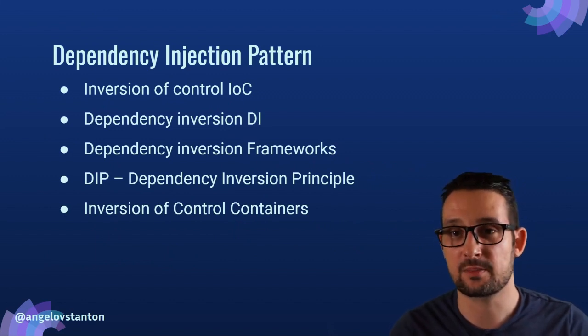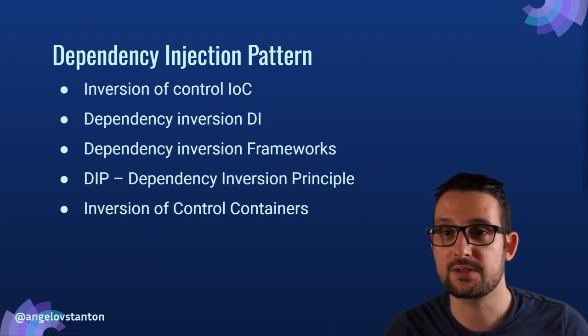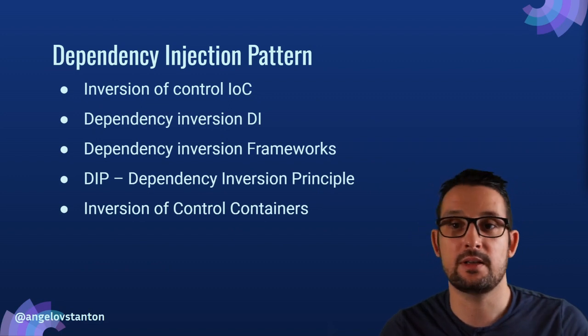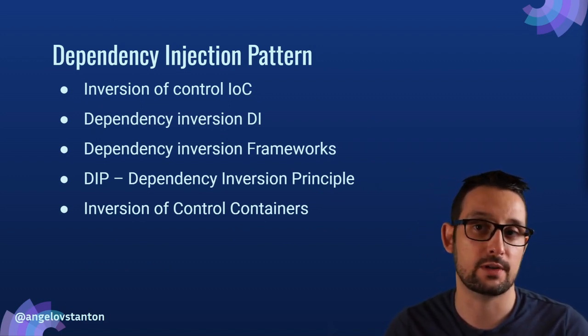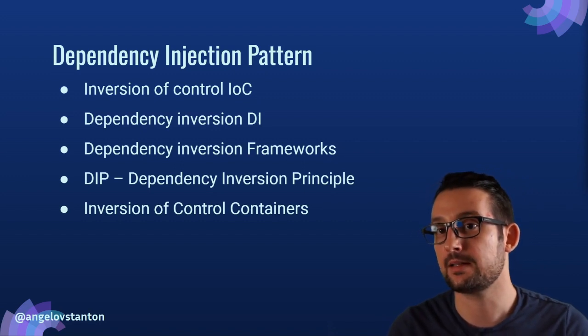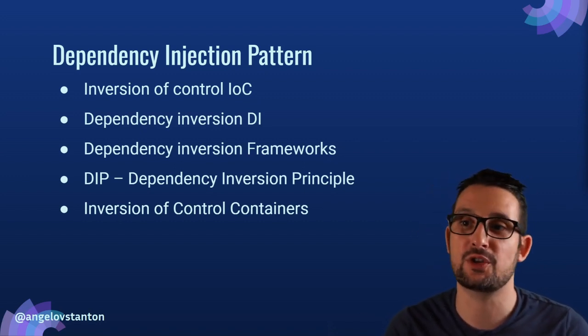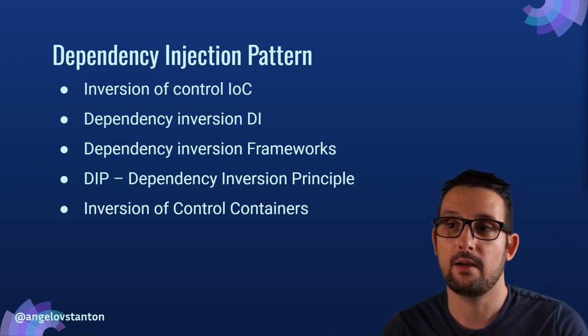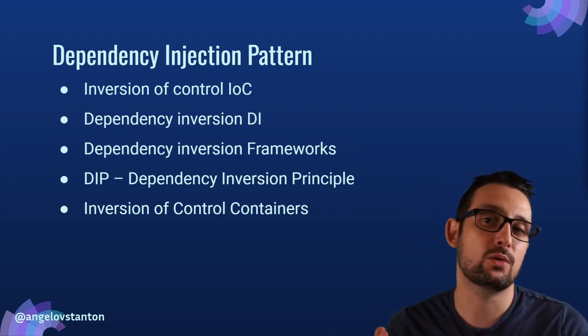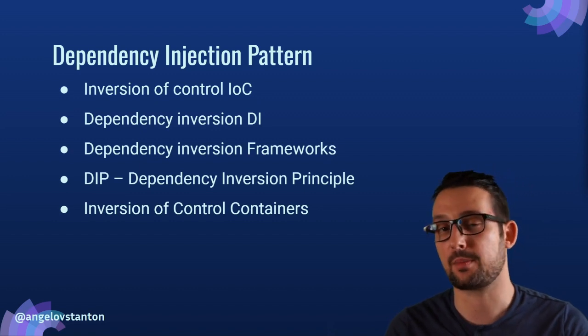Here are some terms that we need to clear first. The first one is a broader principle, inversion of control, or IoC for short. This is a broader principle in software engineering whereby the control flow of a program is inverted compared to traditional procedural programming.